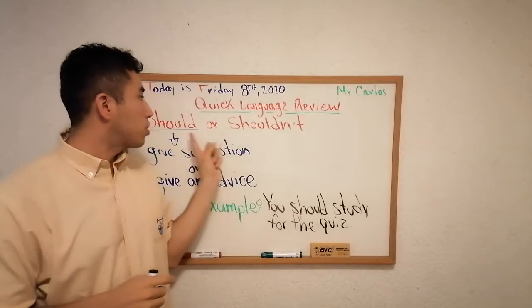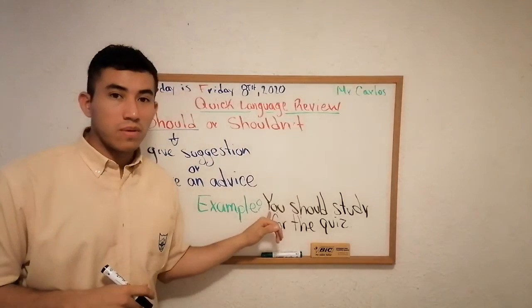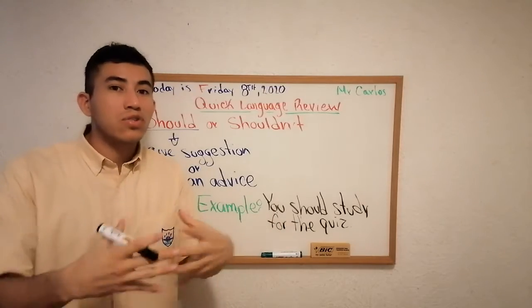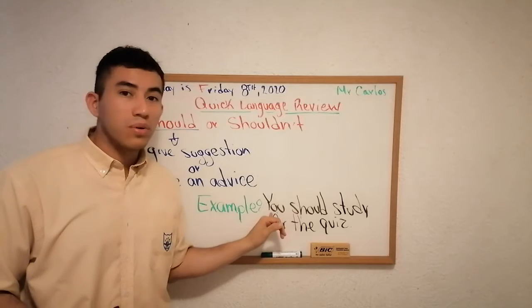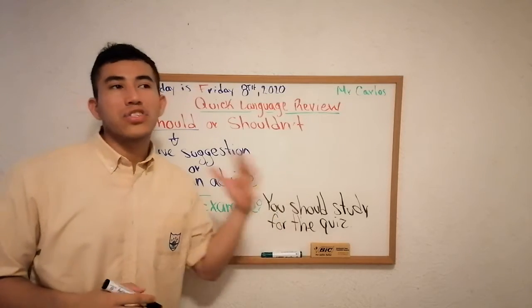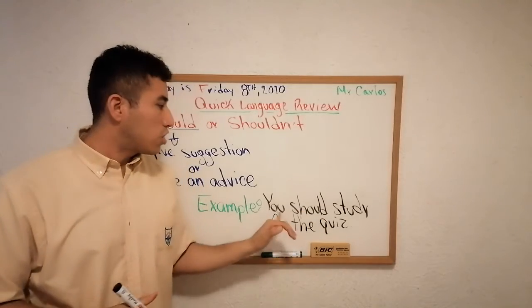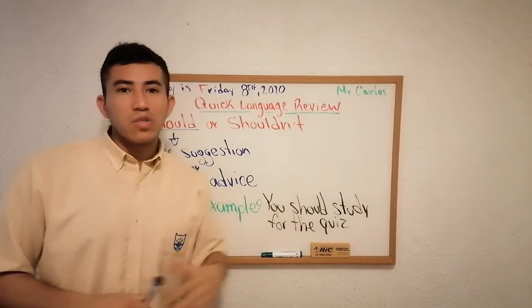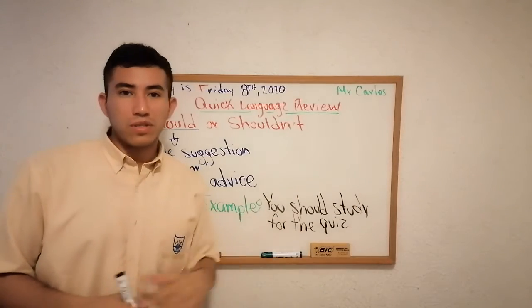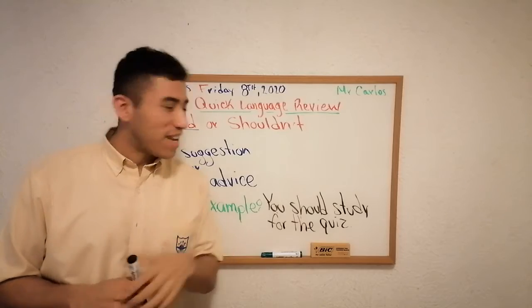Remember, when we use should, we always start with you because we're giving suggestions or some advices. We do not say I should or we should. We say you should study for the quiz. You should read this book. You should eat fruit. You should eat vegetables. Yes? Alright.